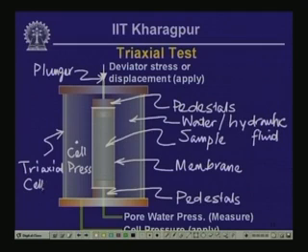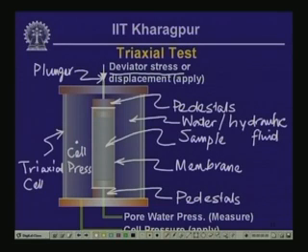Triaxial cell. So, what we do actually, we apply a pressure in addition to cell pressure through a plunger near the top, and we increase that stress, that is called deviator stress, until the sample fails or it cannot support any higher value of deviator stress.